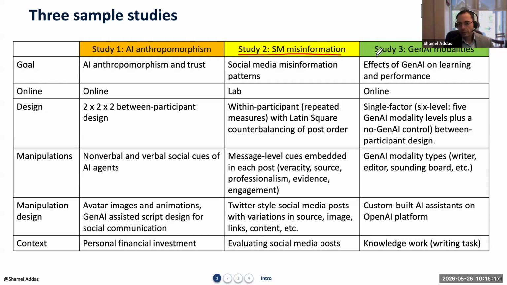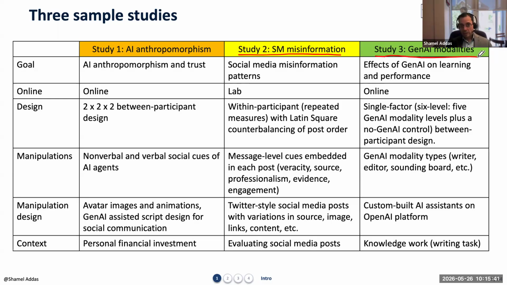All right, study 3. Here we were interested in using generative AI in the context of a cognitive task where people had to write a particular type of text. And we measured learning and performance, basically. This was online, so that's an online experiment, and we had a single factor design.